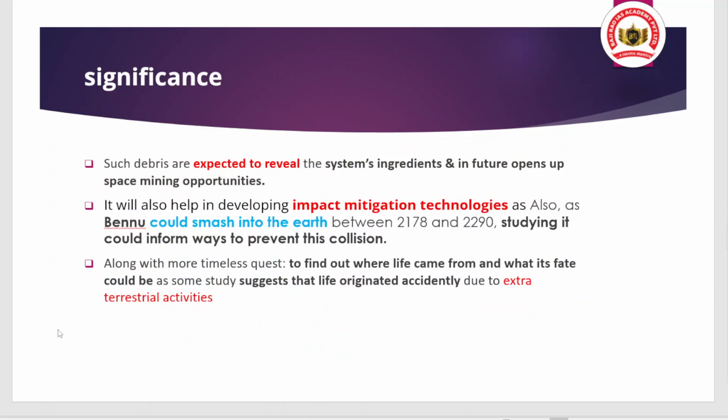So this is the basics about the asteroid Bennu, its composition and the background news. When we talk about the significance, because UPSC will ask about it, first of all, such samples will reveal the composition of that asteroid, and if we understand the composition, we will have information about the formation of the solar system and what the initial constituents of our solar system were when it was forming.